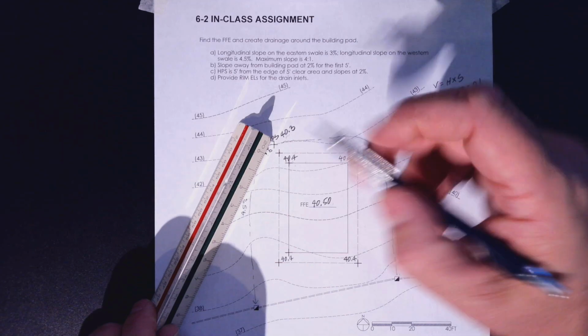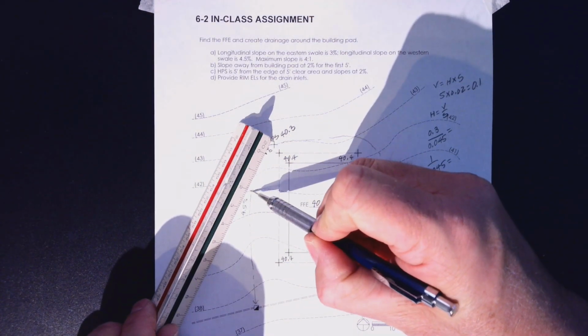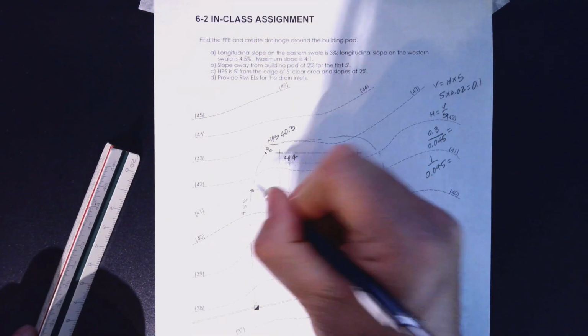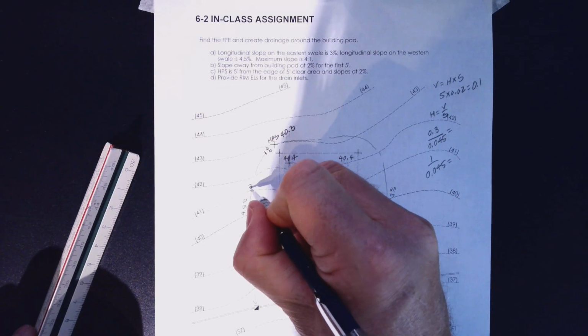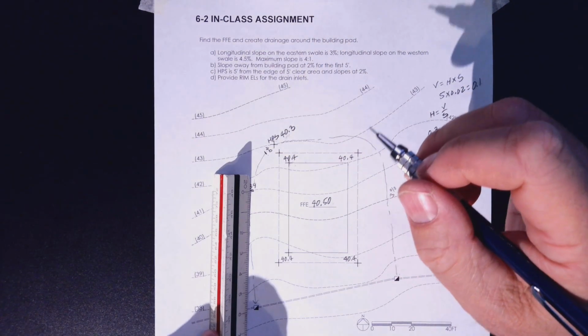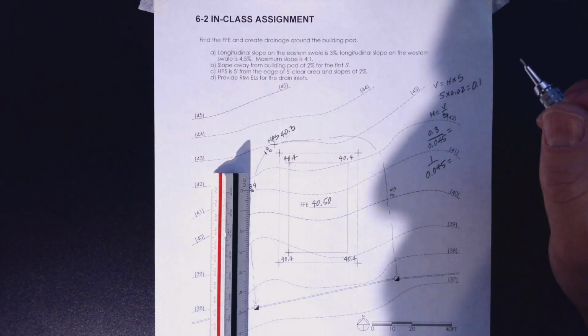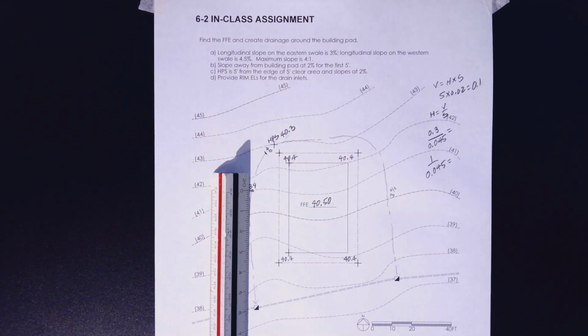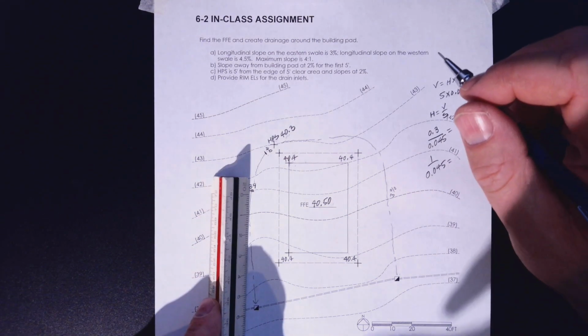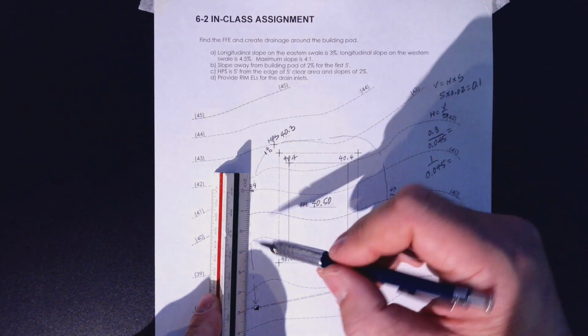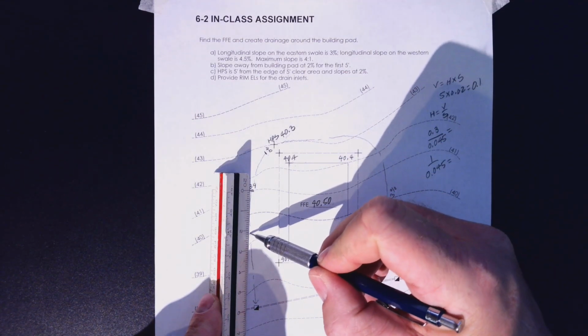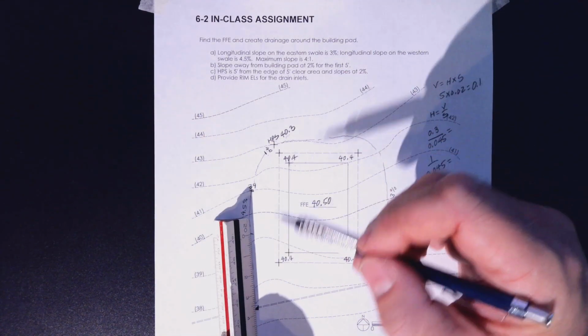So we'll go 22.2 feet right here. That's 40. This is 39. Then we'll go another 22 feet, which puts us right here. 22 feet. And another 22 feet after that.